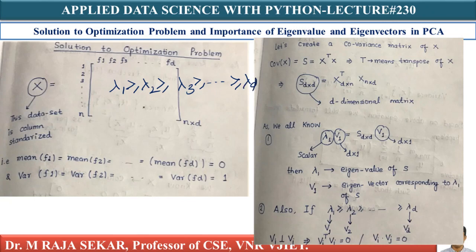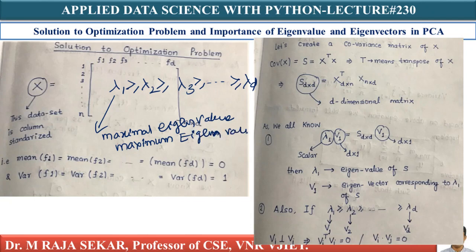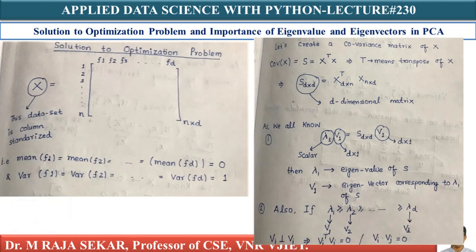It means lambda 1 is the maximal eigenvalue, the maximum eigenvalue among all these D eigenvalues, isn't it?